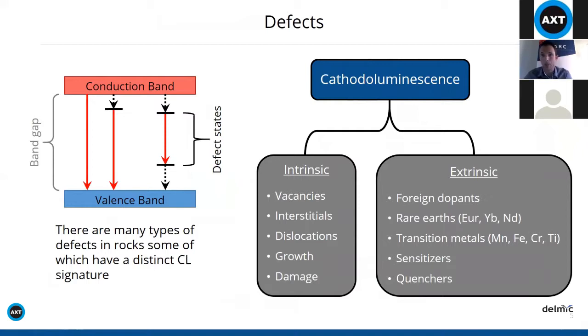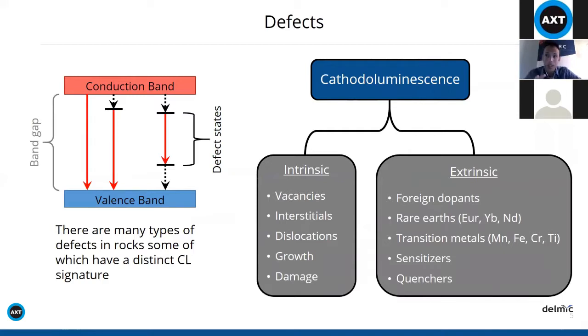They can be, for example, vacancies where an atom is missing in the crystal lattice of the mineral. Interstitials where one of the atoms is in the wrong place in the crystal lattice. Dislocations where there's a dislocation in the crystal structure. All of these things can create defect states inside of this band gap and can lead to cathodoluminescence emission in the visible, as I will show later on.